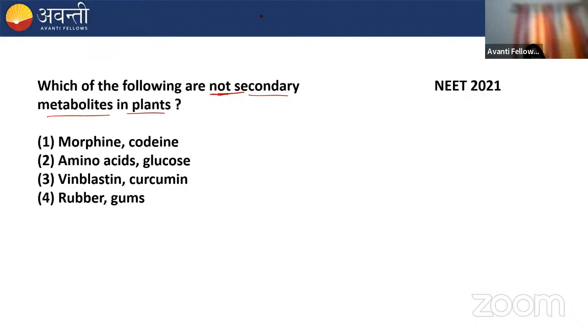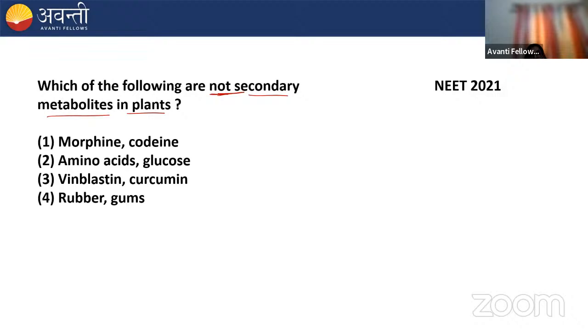Everybody in the chat box, Mohina, Trisha, Trujan, what do you think? Rishti, Amili, what will be the correct option for this question? Which of the following are not secondary metabolites? Swinell says D. Okay. Remember this, beta.